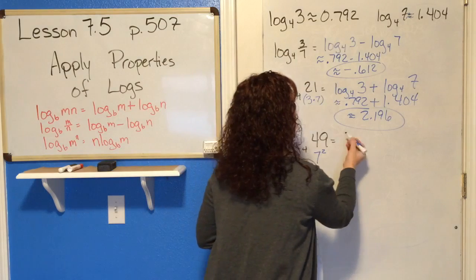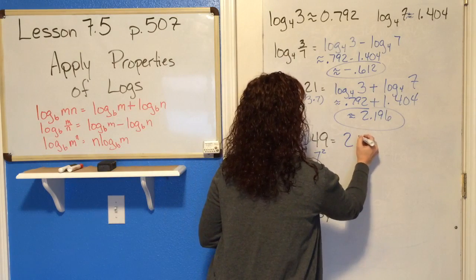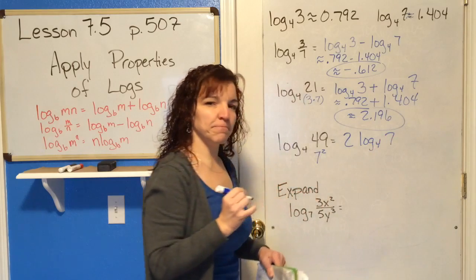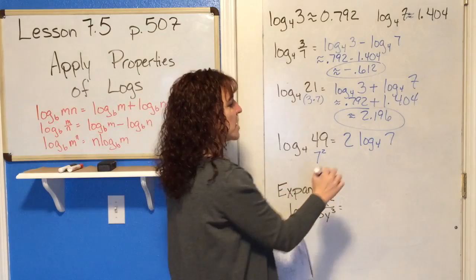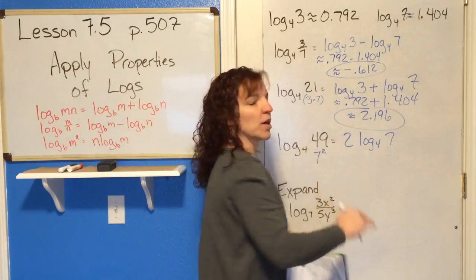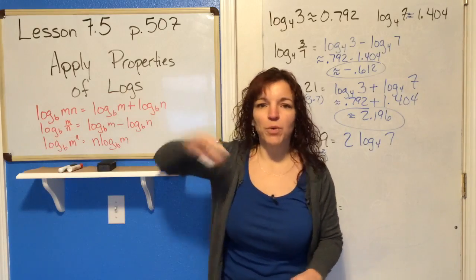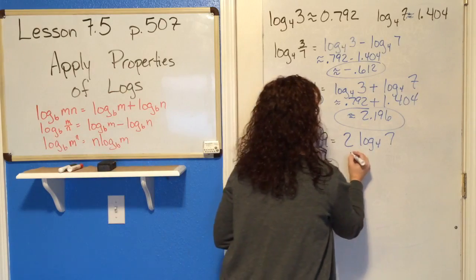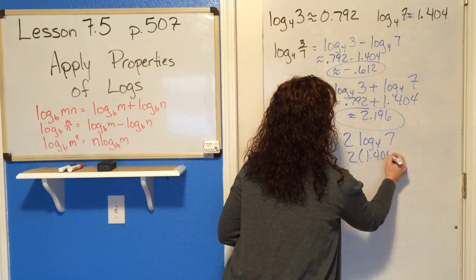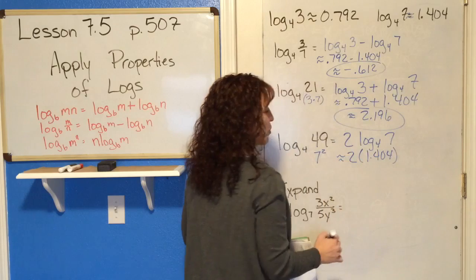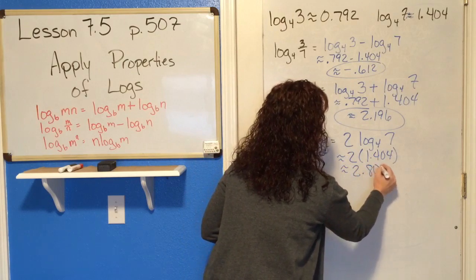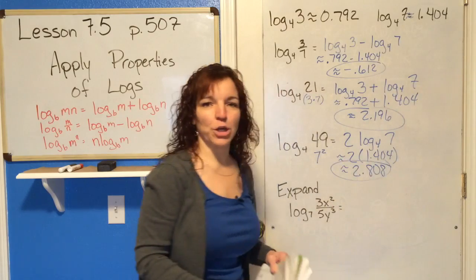So the squared becomes 2 times the log of 7. Does that make sense? So I pulled this 2 out because of this property allowing me to do that. So now I just take 2 times the log of 7, which is 1.404, and this is approximately equal to, so when I multiply that out, I get 2.808, and that's it. That's all you do.